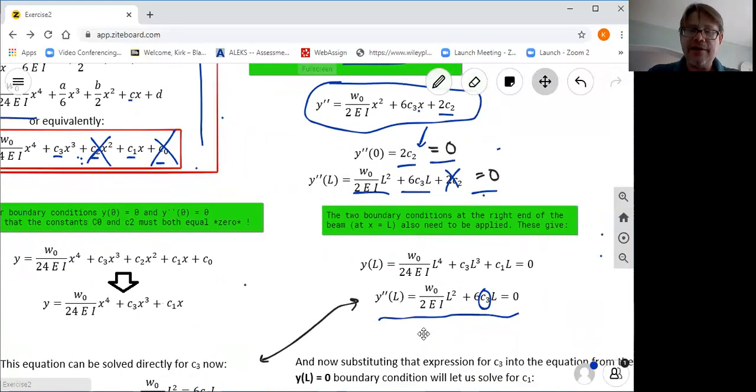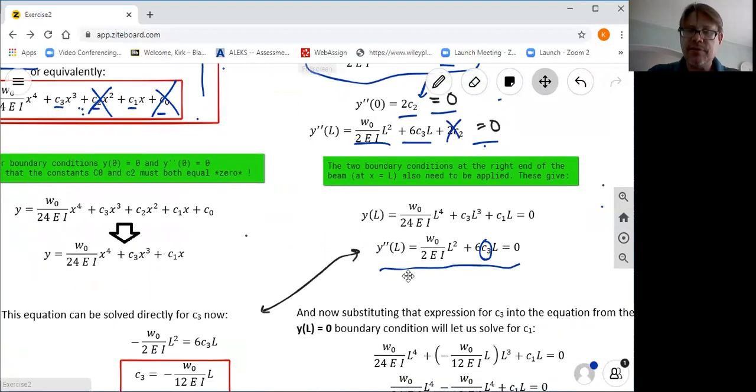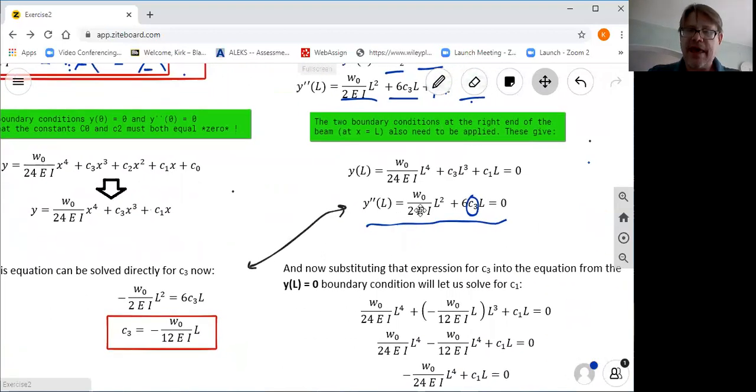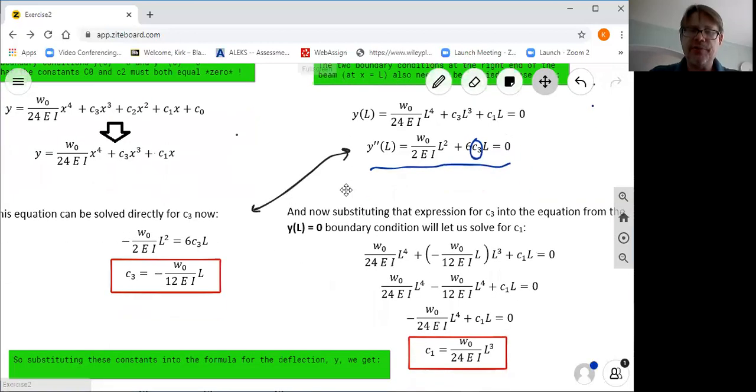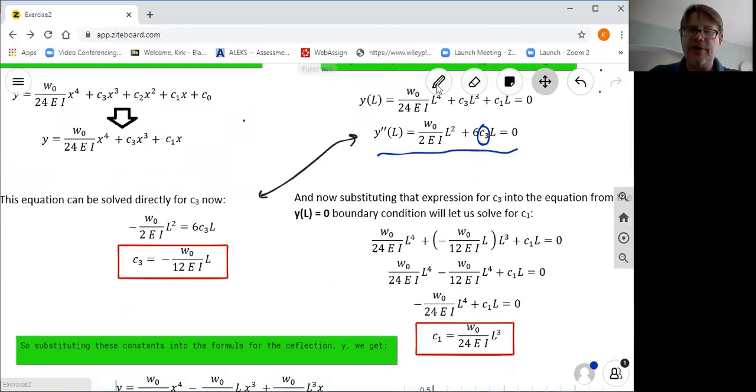When I take that equation, which we're looking at right there, and I solve it for C3, a little bit of algebra is going to show me what that value of C3 is.